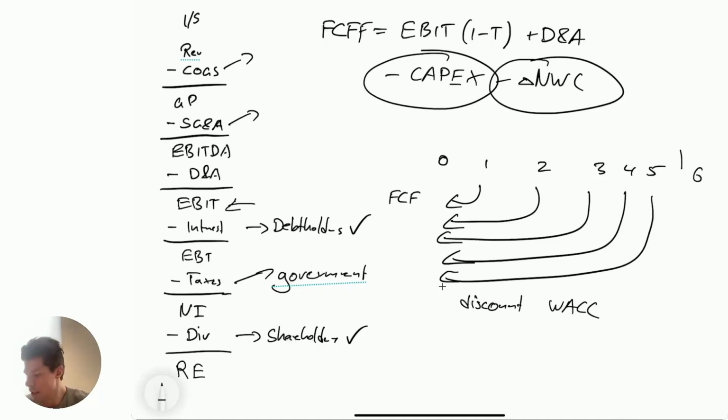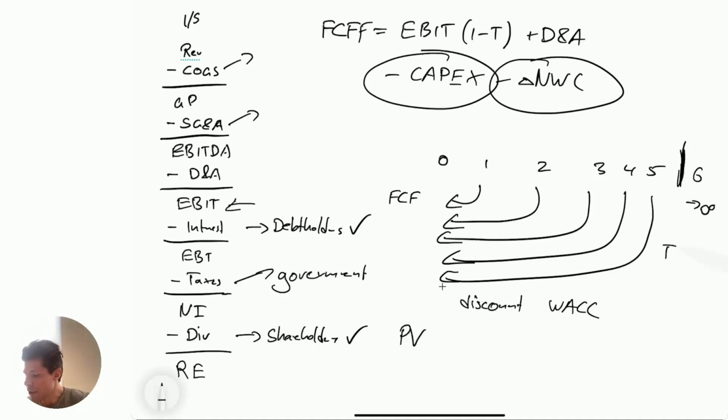So you discount it to get your present value of cash flows. And at the end of your explicit forecast period, because you don't want to do this forever, you assume the company operates on a going concern basis, which means it operates forever.